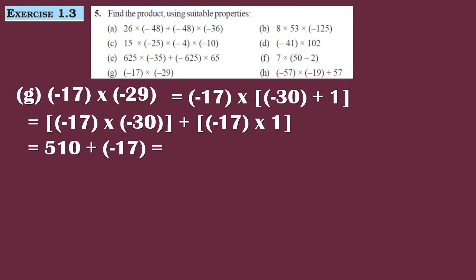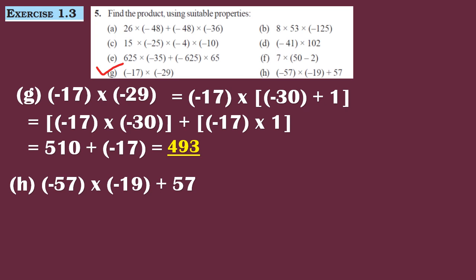So 510 plus negative 17 into 1, negative into positive, negative 17. Now 510 minus 17. How can you subtract easily? If you subtract 10, you will get 500. From that 500, you have to subtract 7. So what you will get? 493.